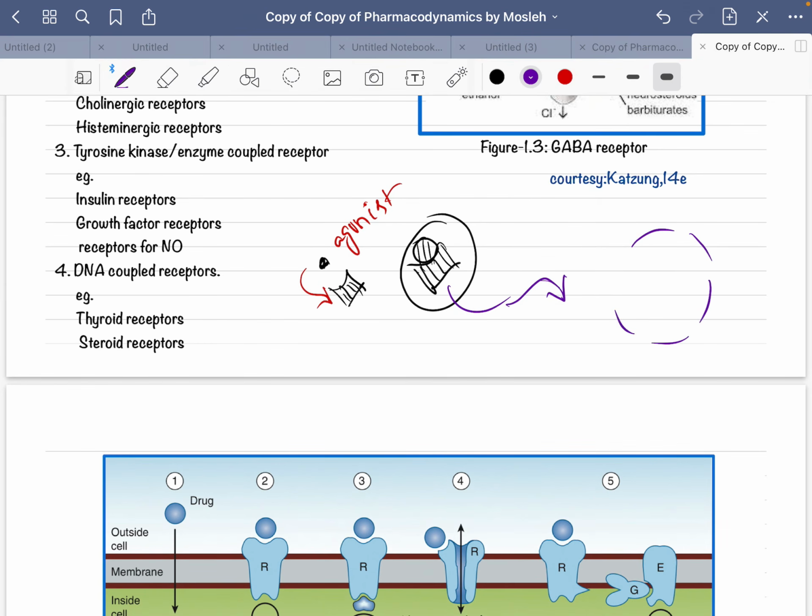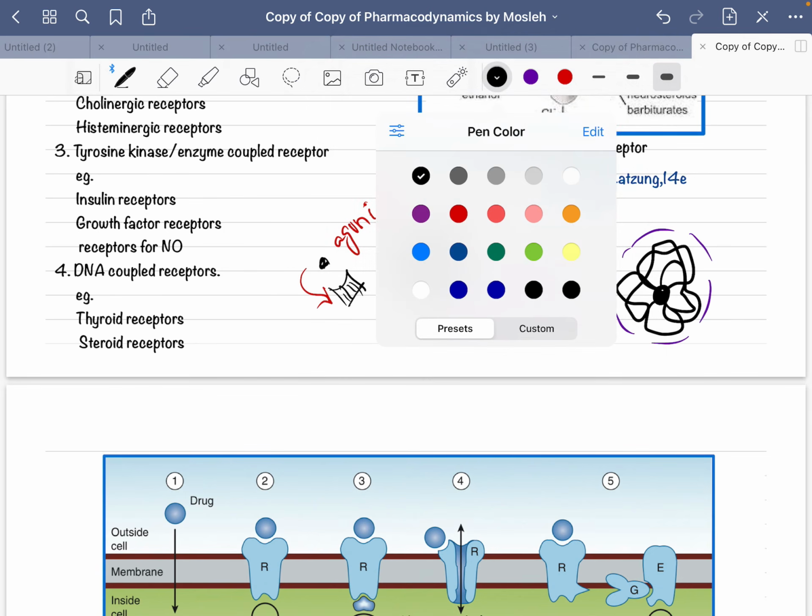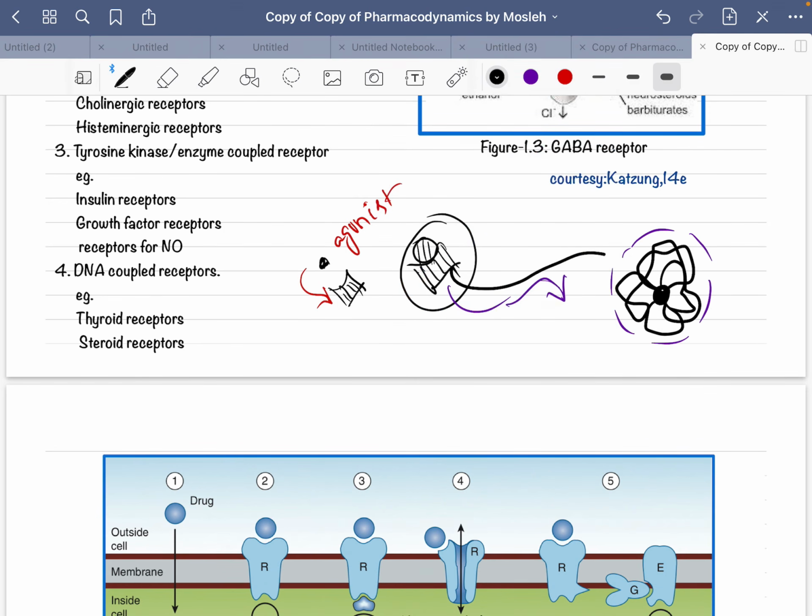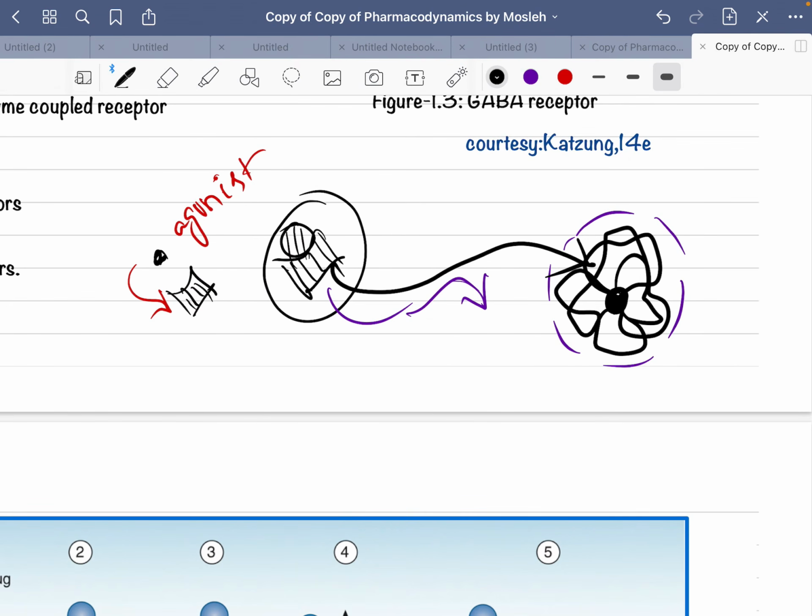Suppose this is the nuclear membrane, this is the nucleolus, and these are the chromatin. Now this agonist receptor complex will enter into the nucleus through the nuclear membrane, and then interact with a specific DNA fragment.